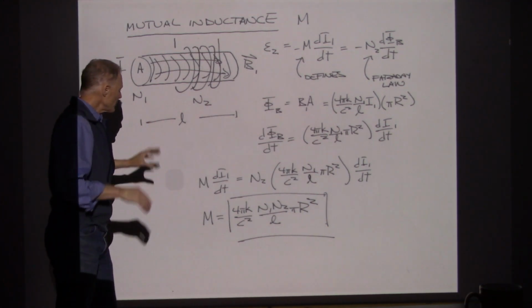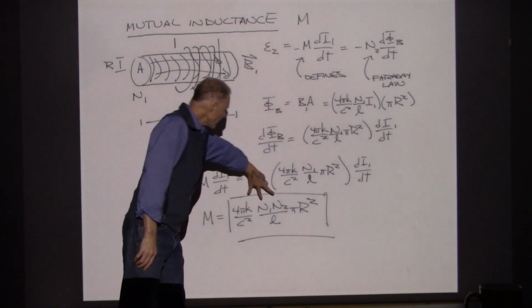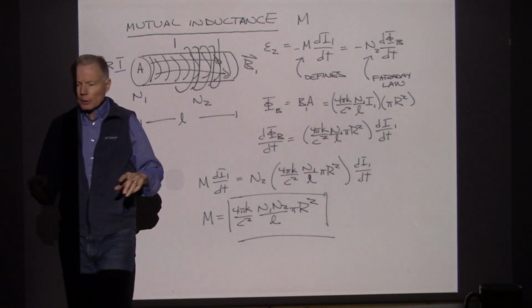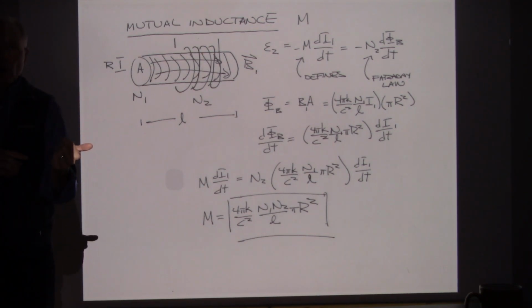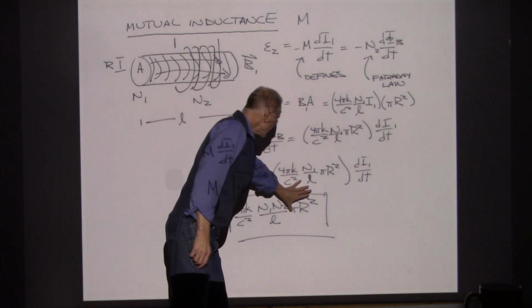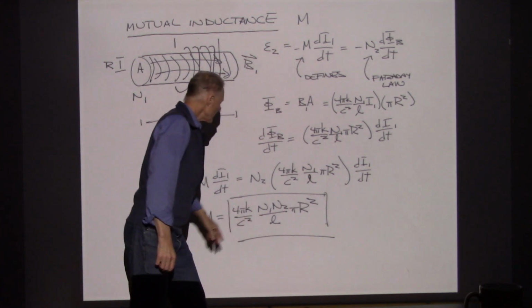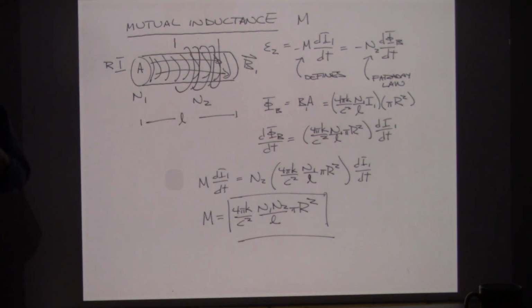What this all comes down to is that there's a mutual induction effect that depends on how many loops are in the first coil and how many loops are in the second coil. More loops means greater mutual induction. It depends on the cross-sectional area, and then it depends on the length. So it's kind of how compactified, how concentrated we have this effect, how close the loops are placed to each other.